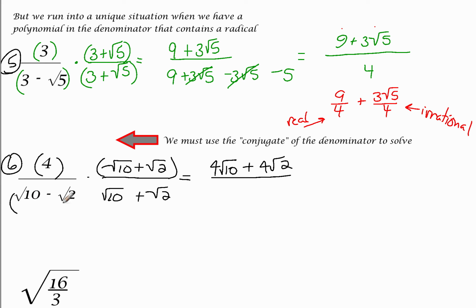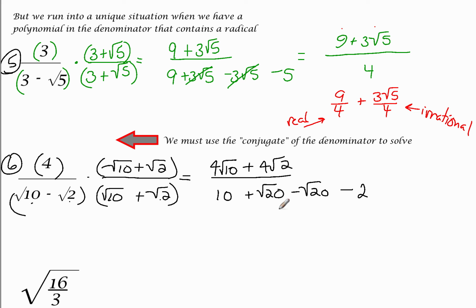On the bottom, binomial times binomial means double distribution. First, I'll pass out a radical 10. Radical 10 times radical 10 is 10. Radical 10 times 2 is radical 20. Negative radical 2 has to be distributed now, so it gets me negative radical 20.